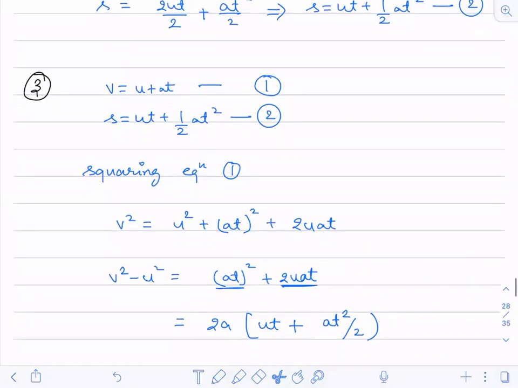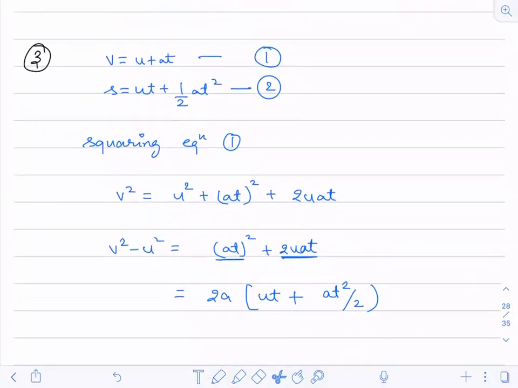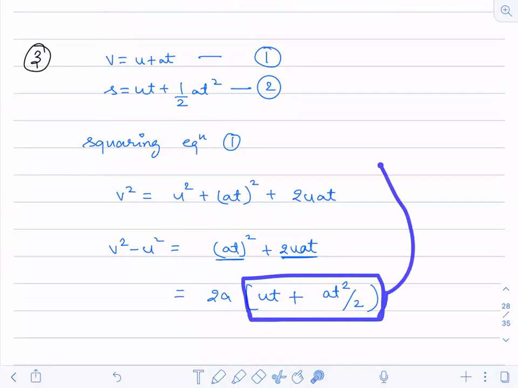Now, what is this value? ut plus half at square. Is it equation number 2? Yes.